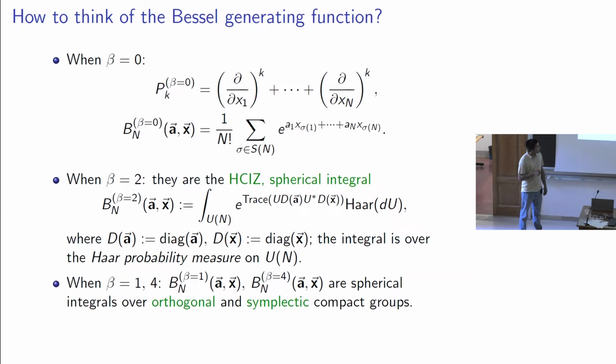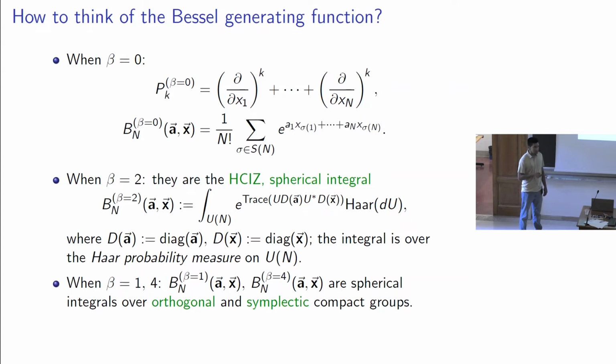It's an integral over the unitary group with respect to the Haar measure, of the following expression: e to the trace of U dA U* dX, where dA is the n by n diagonal matrix with entries a_i, and dX is defined similarly. U here is the random unitary matrix, and you integrate this. So that's your spherical integral. This is exactly my multivariate Bessel function when beta is equal to 2.